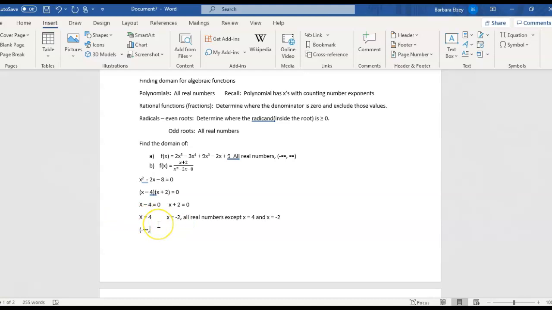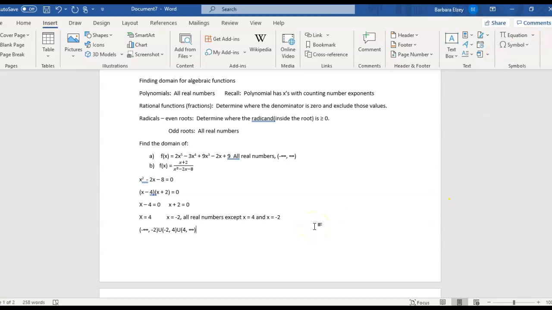Now on the number line, going from left to right, negative 2 will be the first one we come across when going from negative infinity. And then the union just means also. We're going to go from negative 2 to 4, and then we're going to go from 4 to positive infinity.